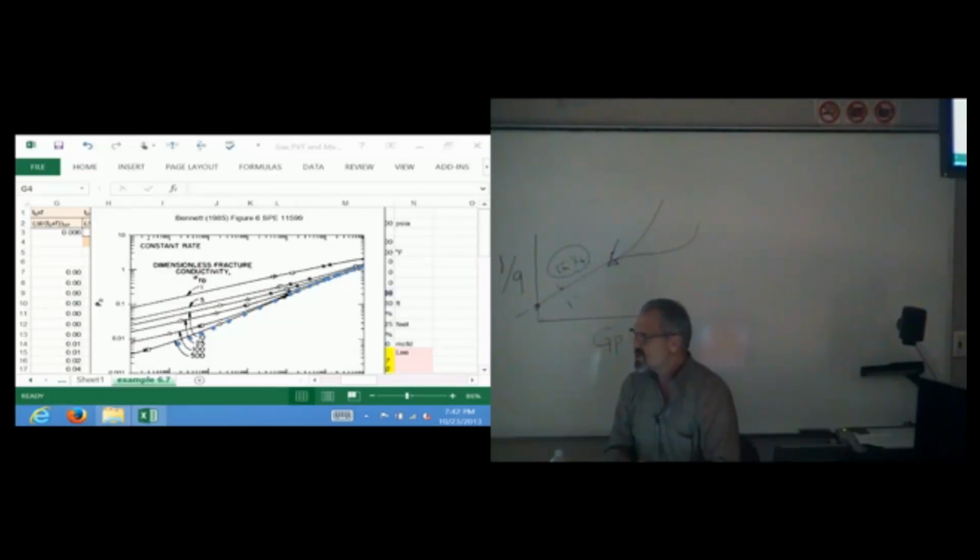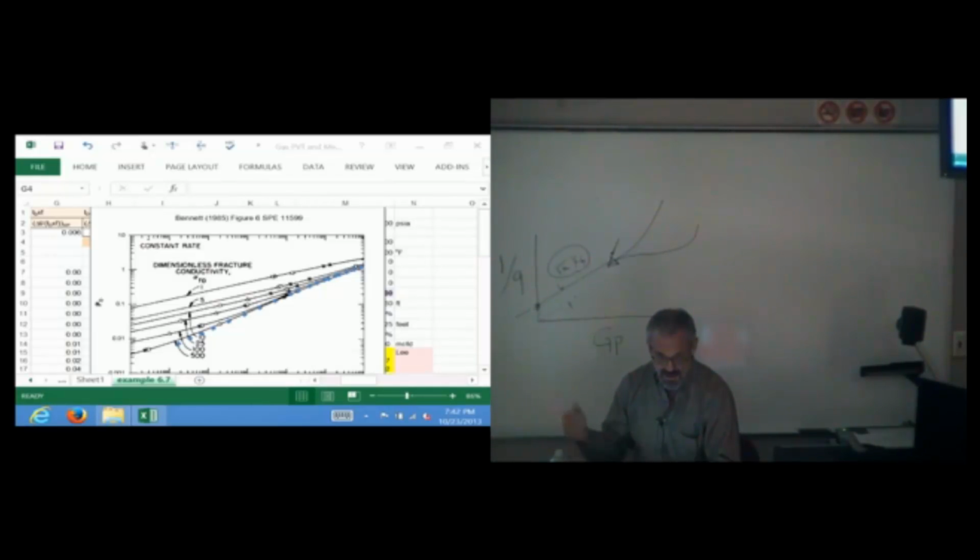And you see there is no triangle on the bottom line. The bottom line is very high conductivity. Very high conductivity means you don't have bilinear flow. The higher the conductivity, the less bilinear flow.